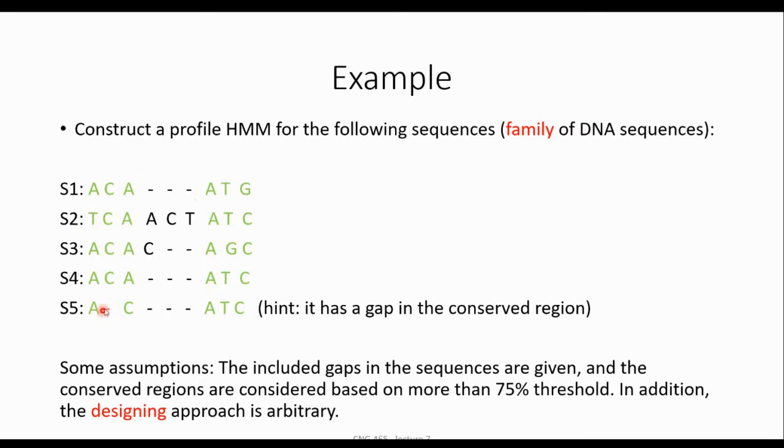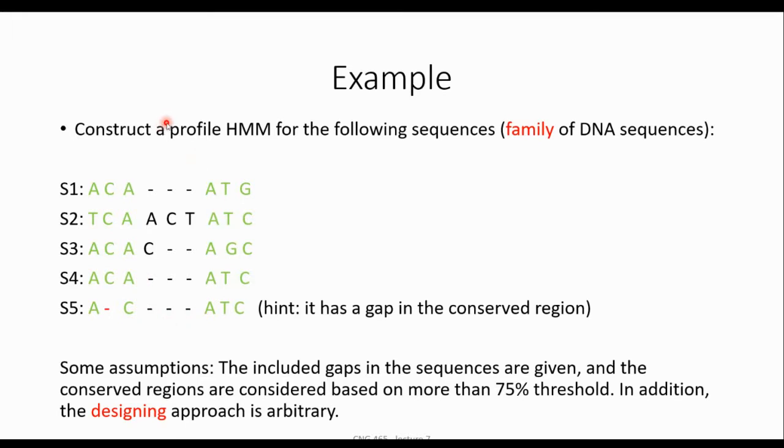But here I can observe a gap. And as soon as you observe a gap in the conserved region, then this part is a delete state. So that's how I understand a delete state. And what about the inserted ones? It's related to this region, which is not the conserved region.